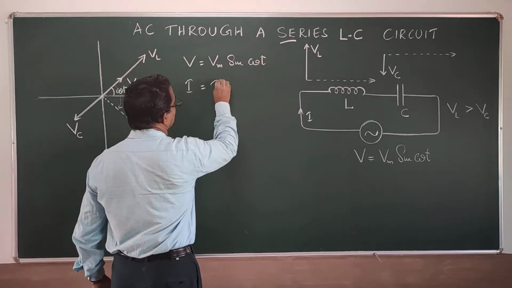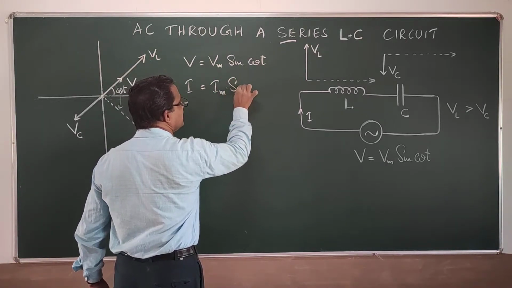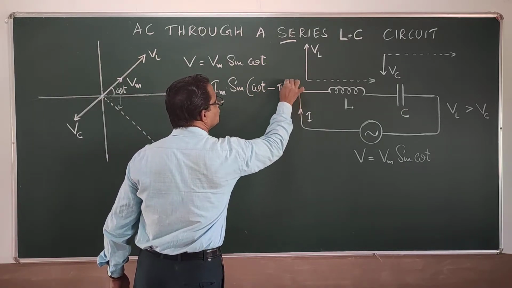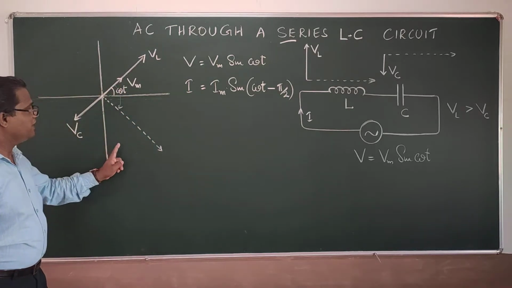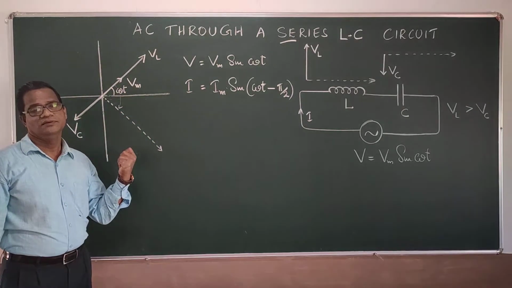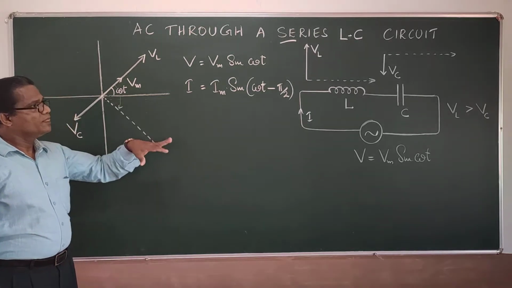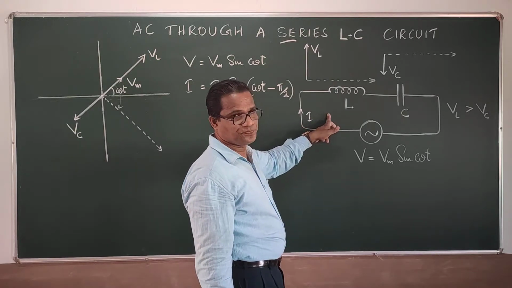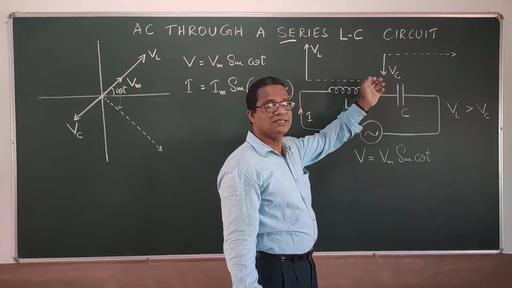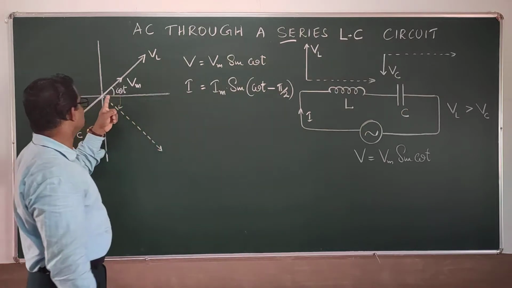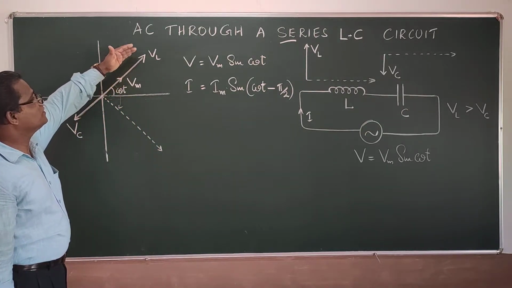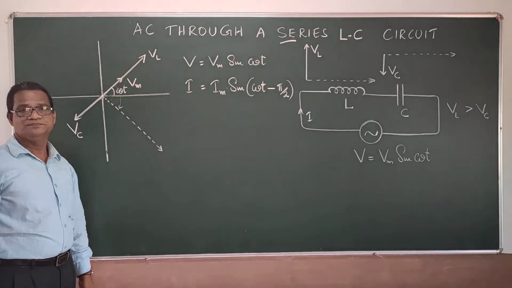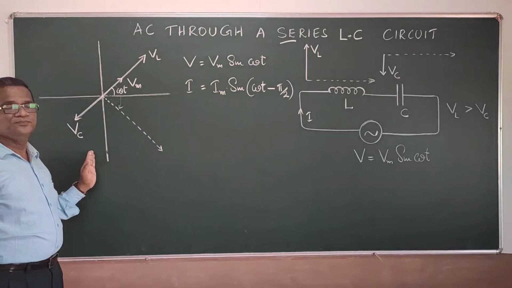That means I equals Im sin of omega t minus pi by 2, because in this case the effect of the inductor is maximum. So the capacitor effect is neglected. You can see that the capacitor voltage is subtracted from the inductor voltage and you get the effective voltage along the inductor. Understood this? Okay.